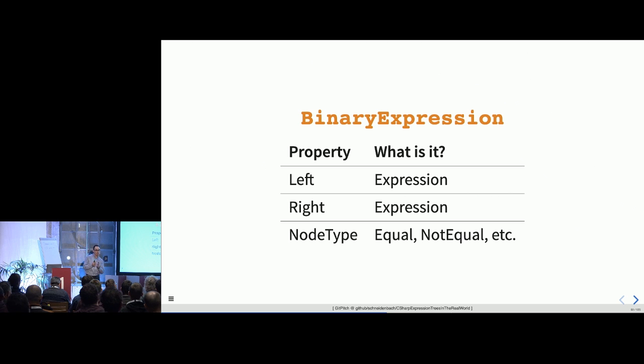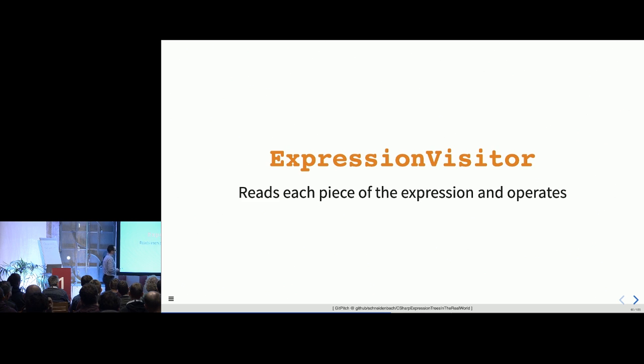And the thing in the middle is called a node type, or an operator, whatever you want to call it. It is equal, or not equal, or greater than or equal to, and so on and so forth. So the expression visitor reads each piece of that expression and operates on it in a different way, right? Its goal, in this case, is to translate that LINQ query to SQL.